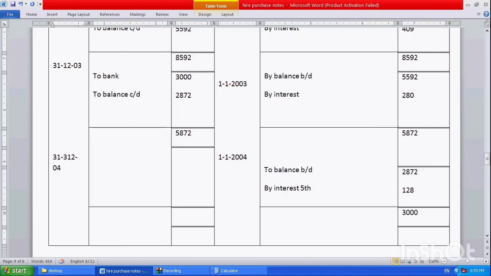So now write the 31st December 2004. To bank, the 5th and final installment, 3,000. Now there is no balance carried down.